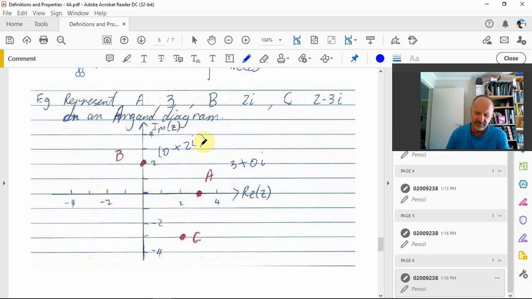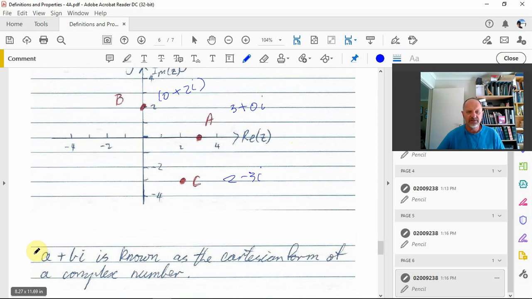All right, so then for C, down here, 2 minus 3i, the real part's 2, the imaginary part's -3, so there's our complex number C, 2 minus 3i, represented on the Argand diagram.